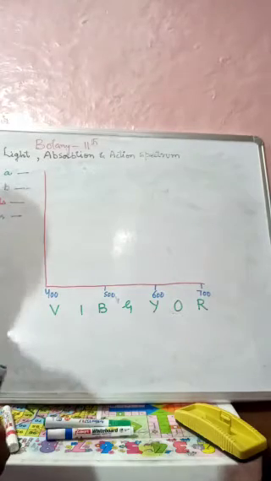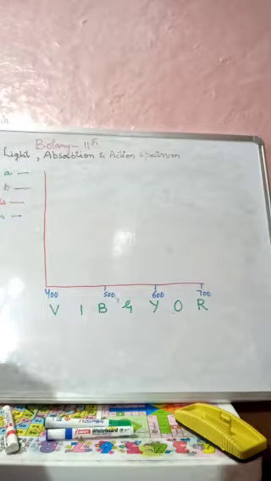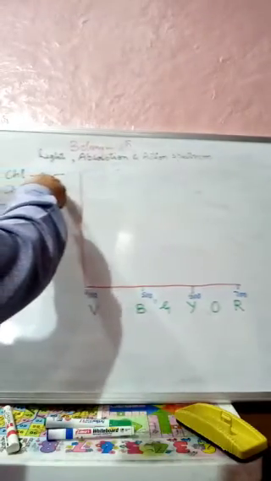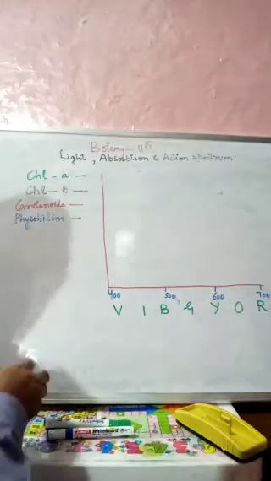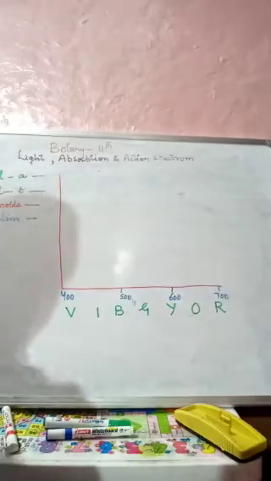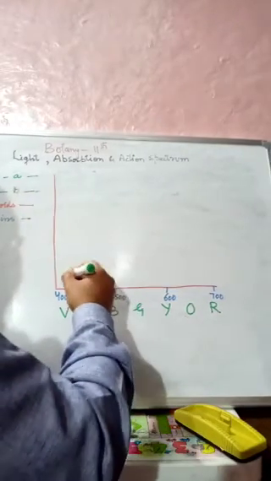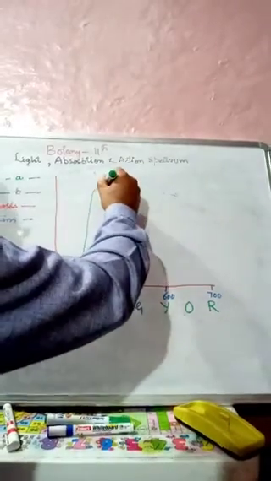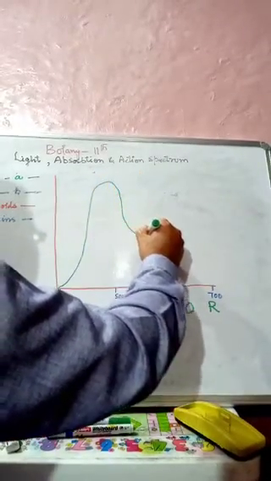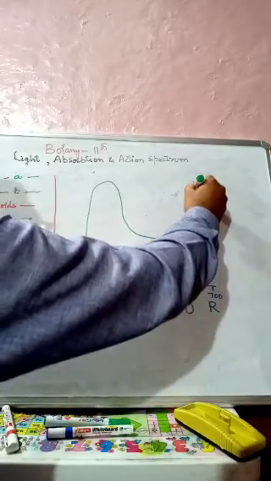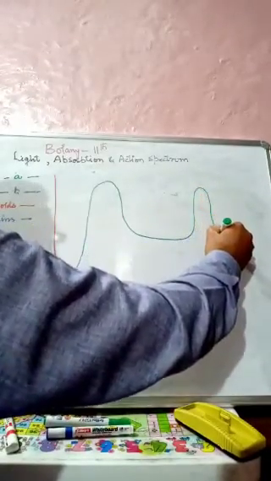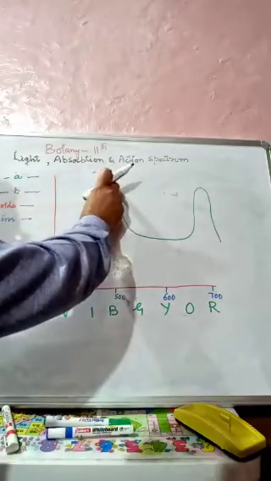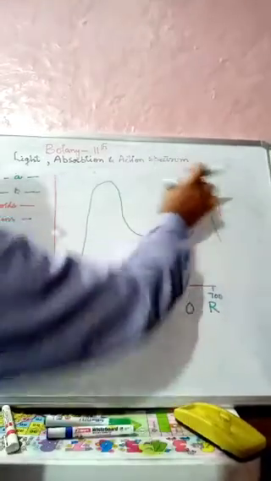See what happens if we draw the graph for chlorophyll A. We have shown chlorophyll A in green color. So when we draw the graph, we will see the action is maximum at blue and at red.